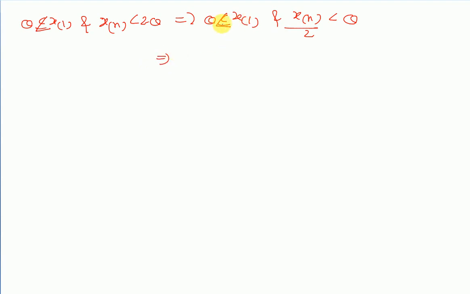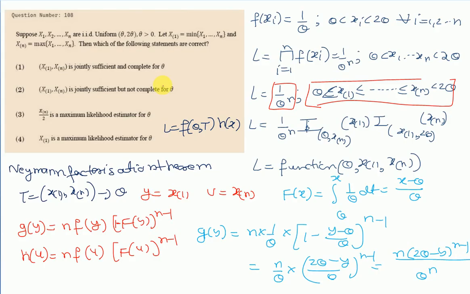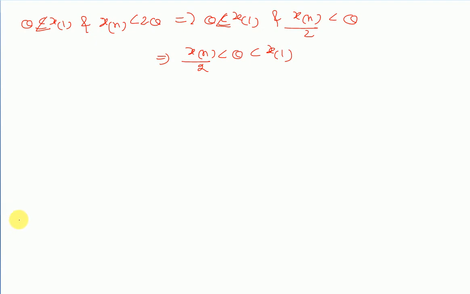Since theta is less than x1, that means xn by 2 is less than theta less than x1. Now again get back to the first page. This is the maximum value, 1 upon theta raised to power n. See, 1 upon theta raised to power n is your maximum value. It will be maximum when theta is minimum.